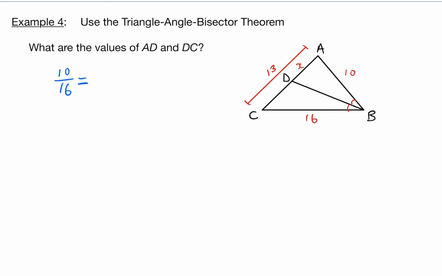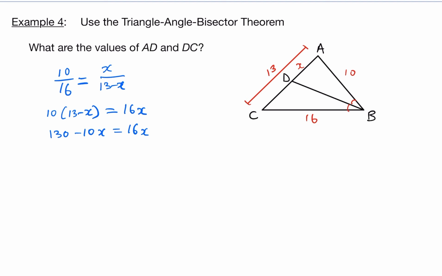So the ratio is going to be x over 13 minus x. We can cross multiply here: 10 times 13 minus x is equal to 16x. Then we distribute 10 across 13 minus x, and we get 130 minus 10x is equal to 16x.